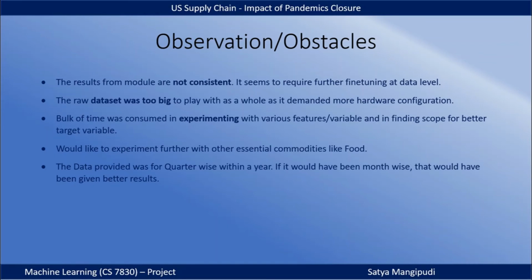Even though this experiment was done with medical related shipments, I would like to experiment with other commodities like food, which are also vital in case of a pandemic. The data provided was quarter-wise, and if it was given month-wise, the experiments would probably have given better results. This is because there definitely would have been a seasonal effect on freight movement.